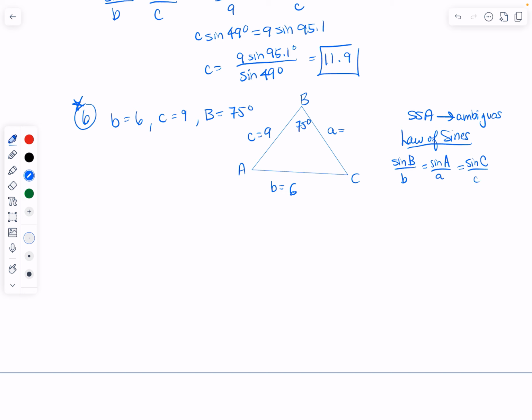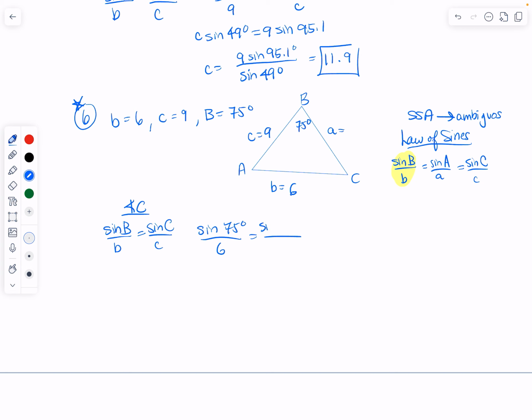Okay, so because of what I was given, I'm definitely going to use sine of B over b because I have angle B and side b. What I also have is side c, so I'm going to go after angle C. To get angle C, I'm going to use sine of angle B over b equals sine of angle C over c. So sine of angle B is 75 degrees over side b, which is 6.